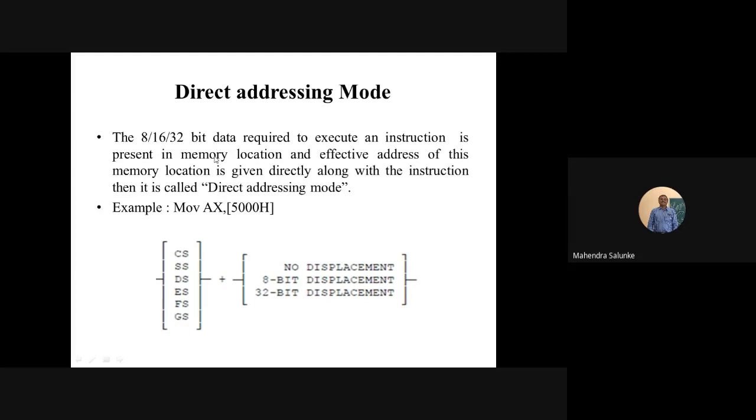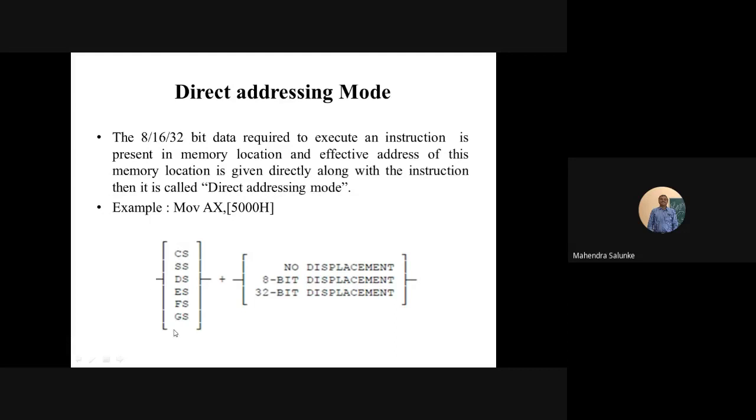Directly means whatever the address or displacement is, it is only mentioned here. So we are only writing the displacement here, and that's why we call it a direct addressing mode. We are not using any indirect way. Here the memory location is given directly along with the instruction, so that's why we call it a direct addressing mode.